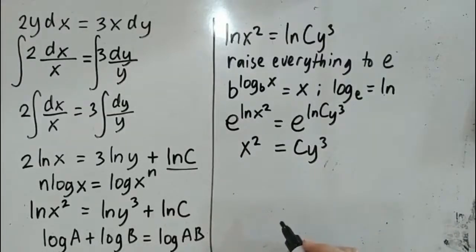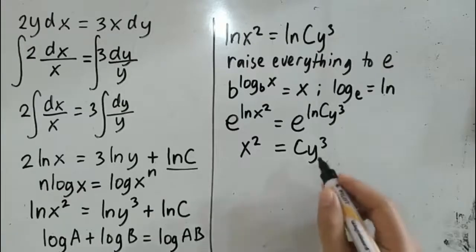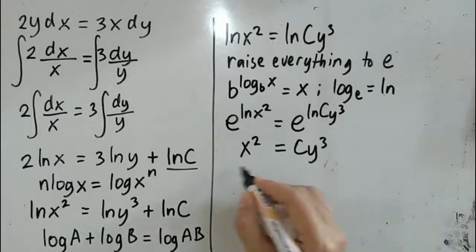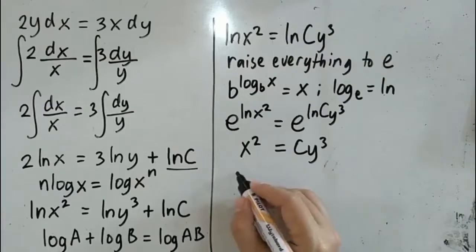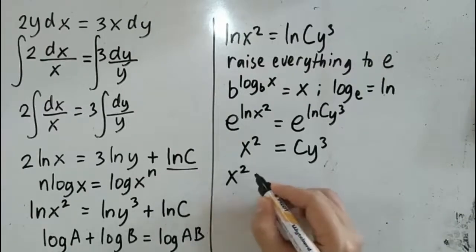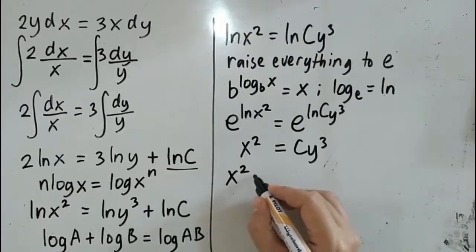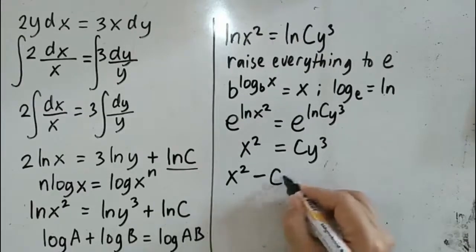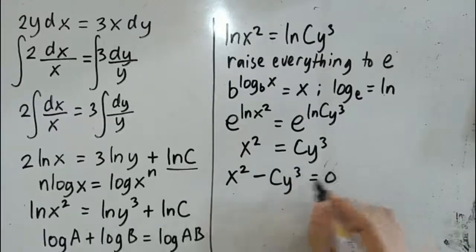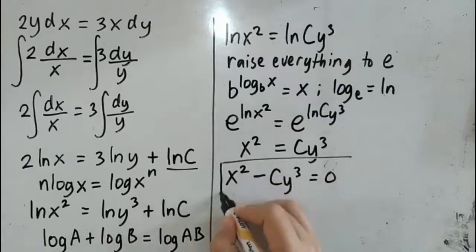And if we rearrange everything, transposing c y cubed to the left side so that we equate the whole equation to 0, we would have x squared minus c y cubed equals 0. And this can be our final answer.